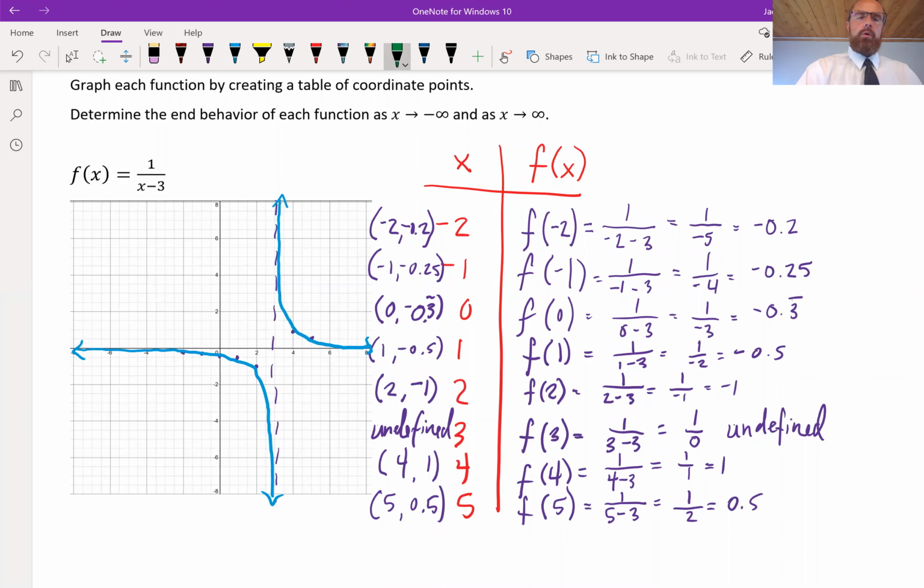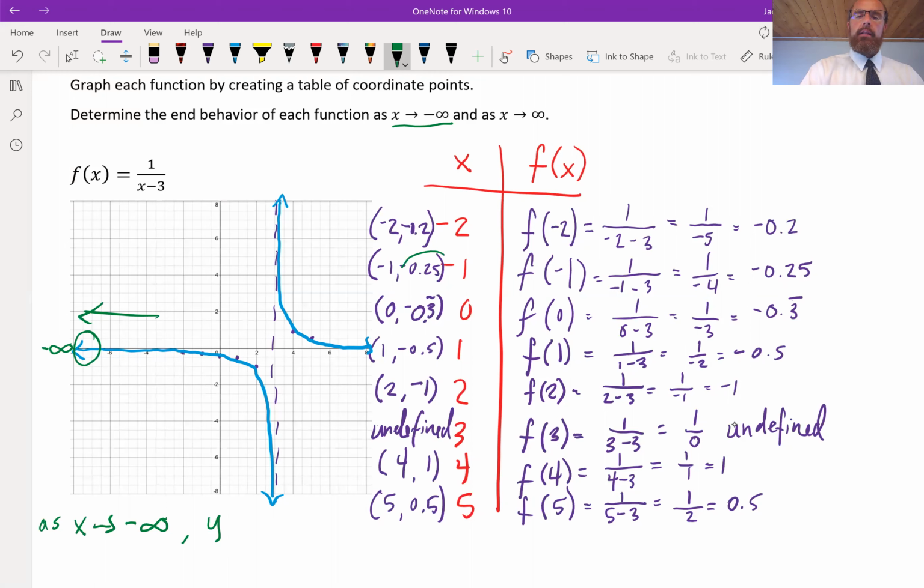At this time, we want to describe the end behavior. So remember, we're starting by saying what happens to the y value when x gets close to -infinity. So really we're saying what happens to the y when we go very far to the left. So as x approaches -infinity, what y value are these points over here on the left getting closer and closer to?